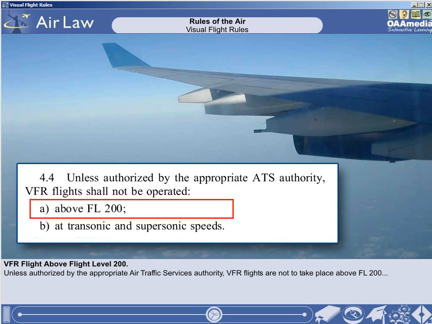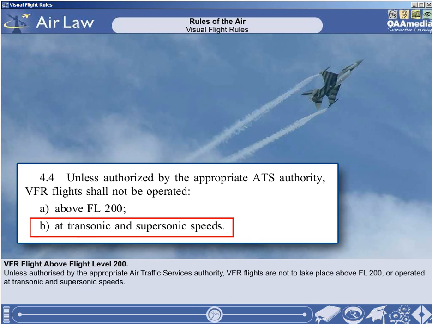Let's now look at how altitude or flight level affects the right to fly in accordance with the visual flight rules. Unless authorized by the appropriate Air Traffic Services Authority, VFR flights are not to take place above flight level 200.